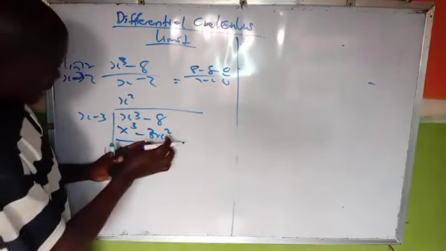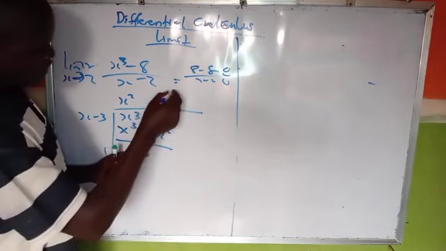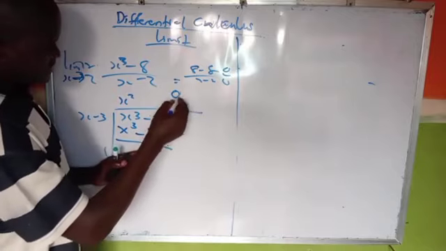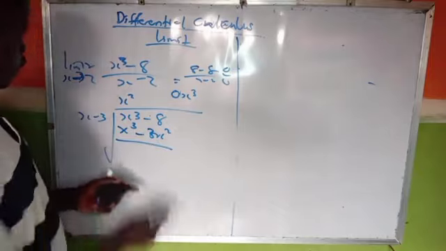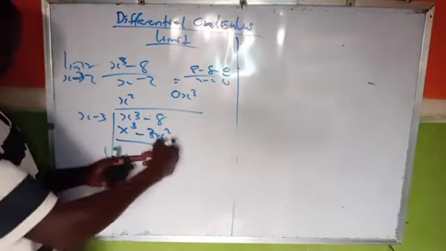Now, this one has no common factor here. So you have this one is 0, this minus this.